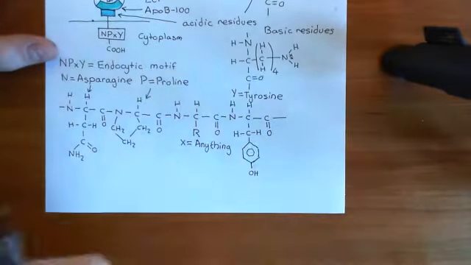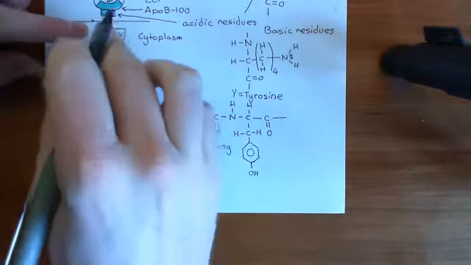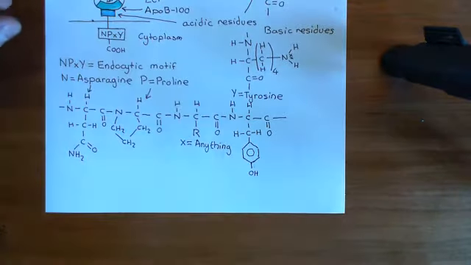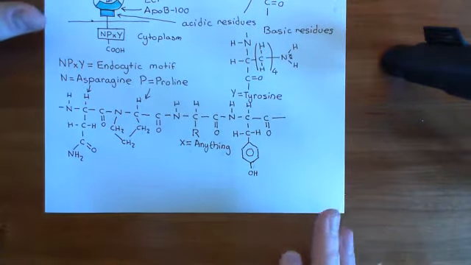It's called an adaptor protein because it's basically just an adapter. It will bind to the LDL receptor, and then it will also bind to the other protein which is going to trigger the endocytosis. So really it just is a linker between the receptor on one hand and the endocytic machinery on the other hand.